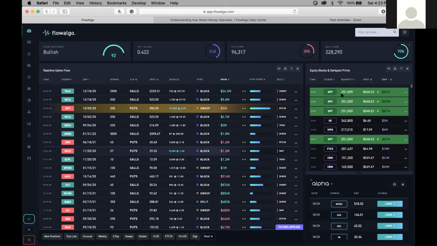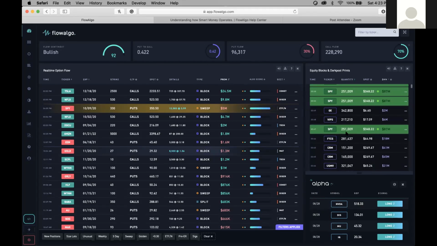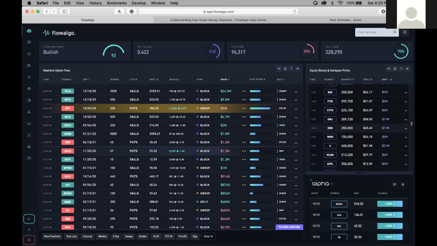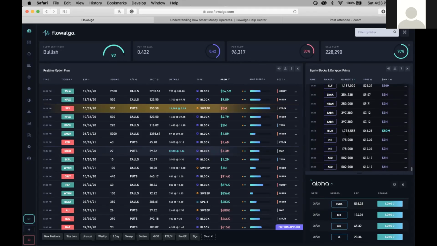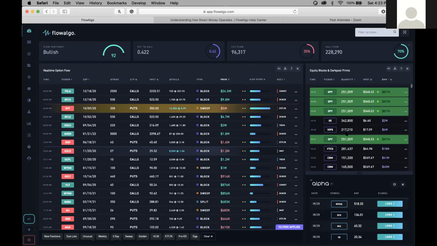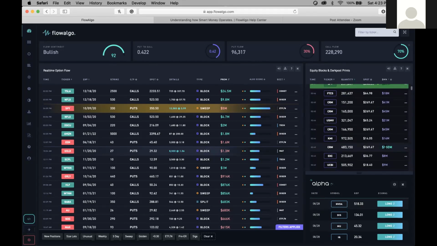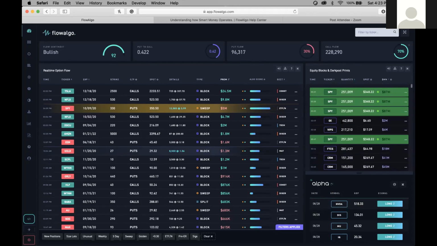So this is the Darkpool section over here. This is also same day. You're going to be able to see all of the Darkpool prints for the same day. So for example, GE, there's 350,000 shares transacted when GE was at this price, and the nominal value of how much it all cost.